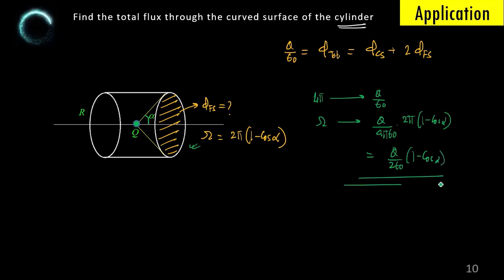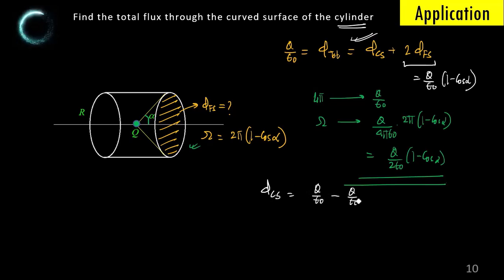Now correspondingly, two flat surfaces give 2 times this. So the total flux coming out from the 2 flat surfaces is equal to q by epsilon naught multiplied by 1 minus cos alpha. Okay. So now I can calculate the phi due to the curved surface. Phi due to curved surface should be equal to q by epsilon naught minus q by epsilon naught into 1 minus cos alpha.